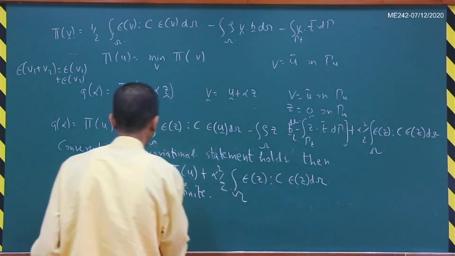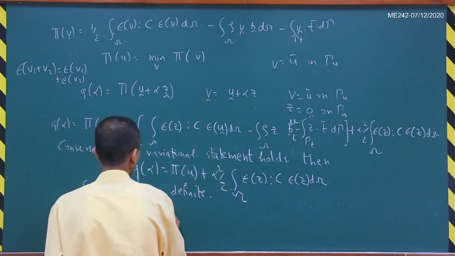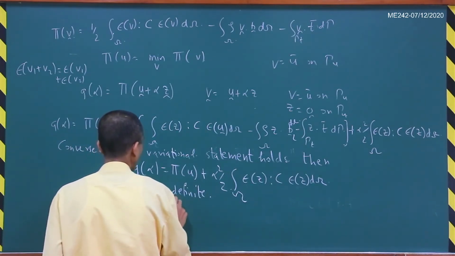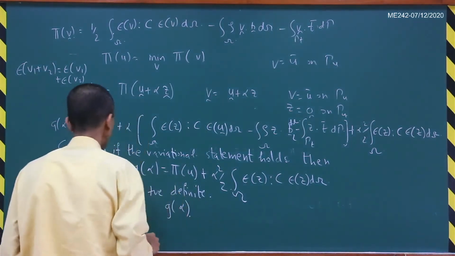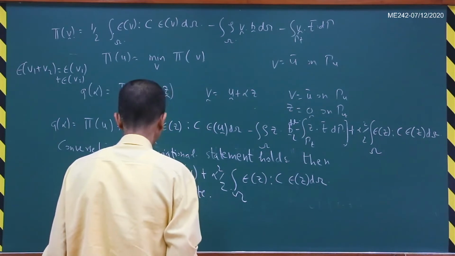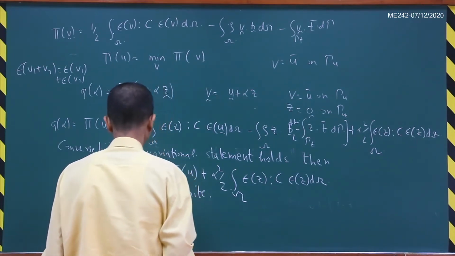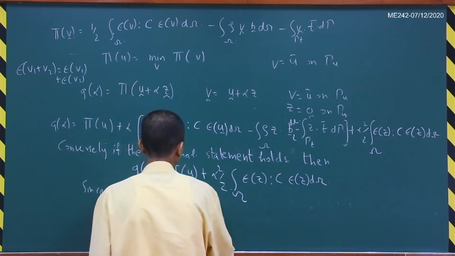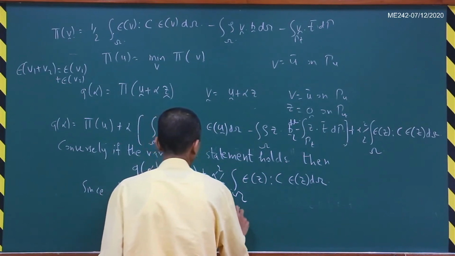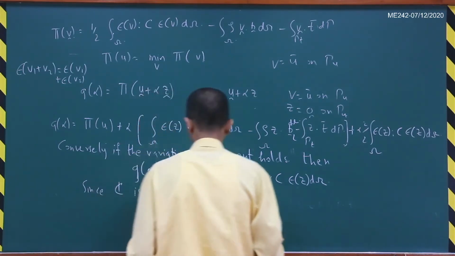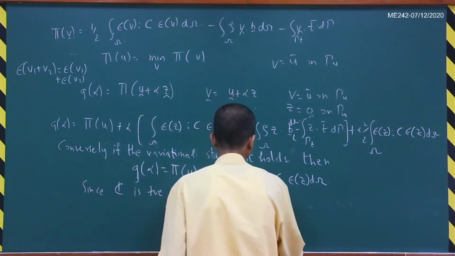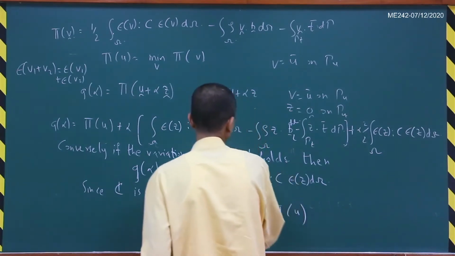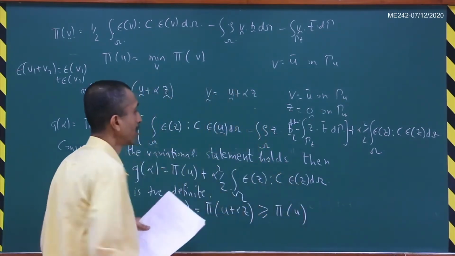So this integrand is positive, hence the integral is also positive, right? So hence we get that G of alpha, which is equal to pi of u plus alpha z, is greater than or equal to pi of u, because this whole term is positive. So it can be 0 also.